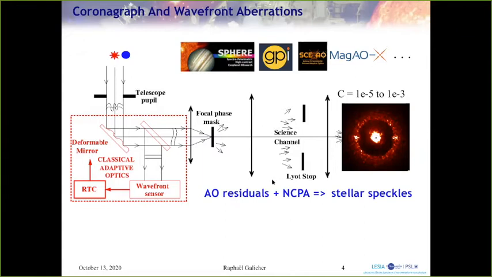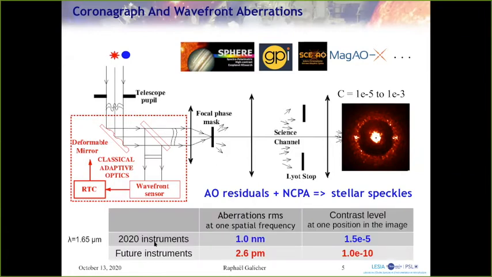This contrast is set by the error residuals and by the non-common path aberrations between the science channel and the wavefront channel. To put some numbers, in H band, in the 2020 instruments, so today, we have about 1 nanometer RMS at each spatial frequency, meaning that we have a contrast of about 10^-5 in the coronagraphic image.